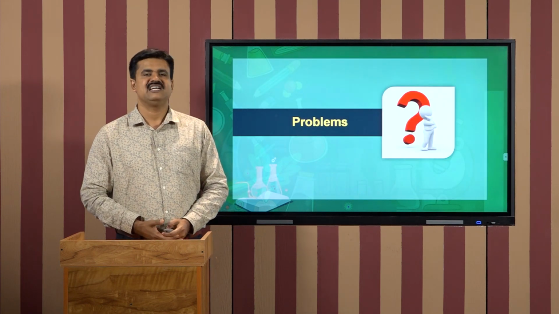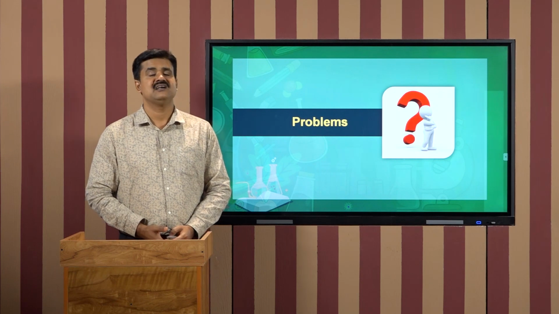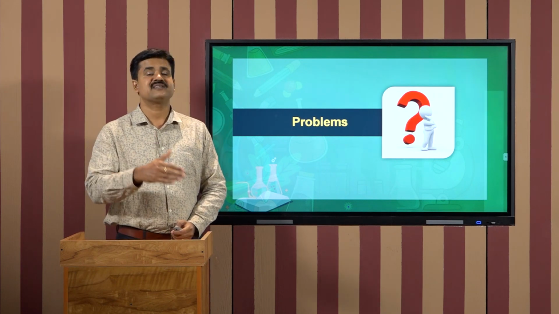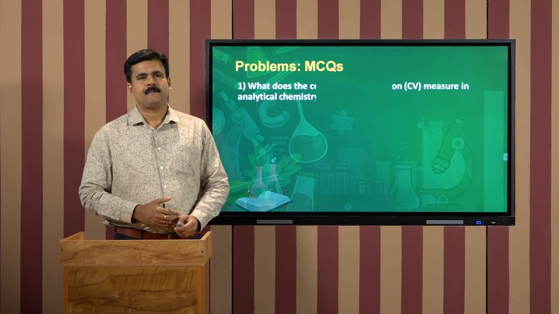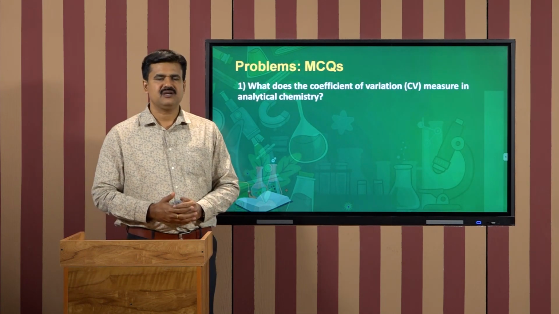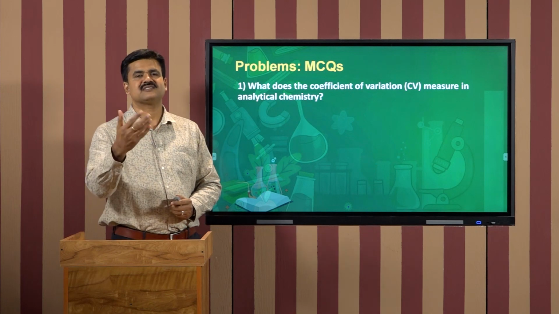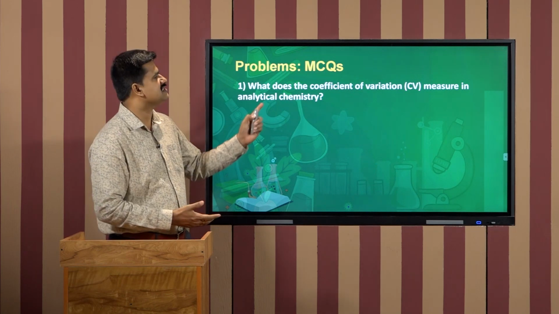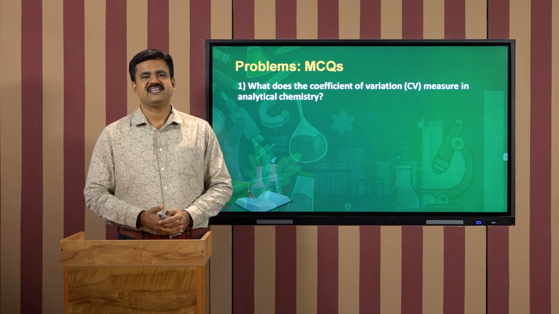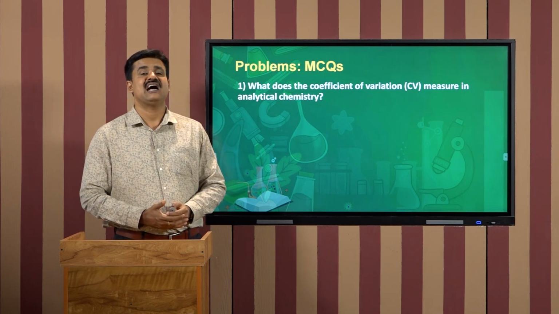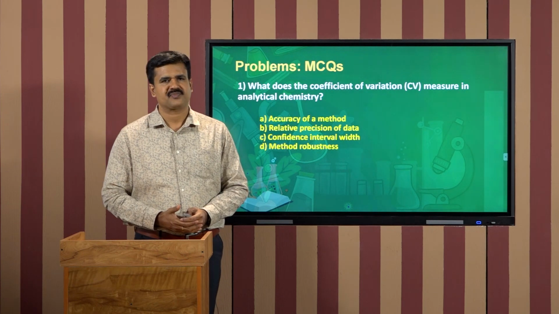Now, we are discussing some problems associated with the topics we discussed so far. First of all, an MCQ based on the concept we learned, which is associated with the coefficient of variation. This is the question in front of you. What does the coefficient of variation CV measure in analytical chemistry?